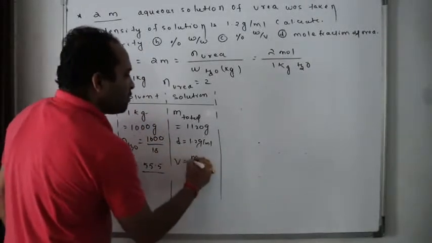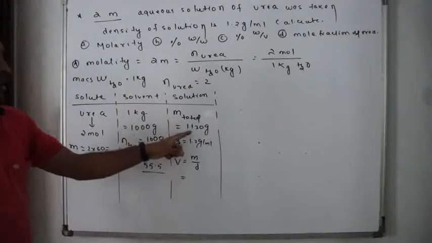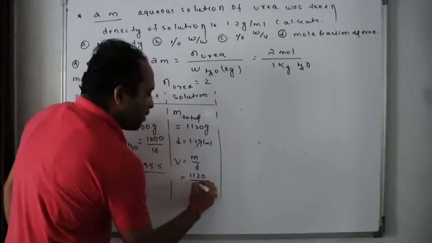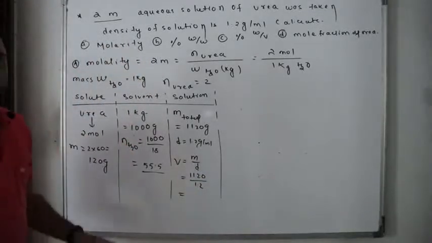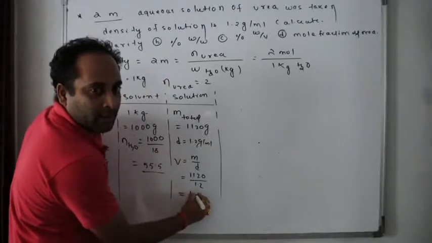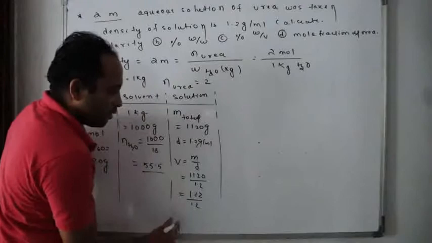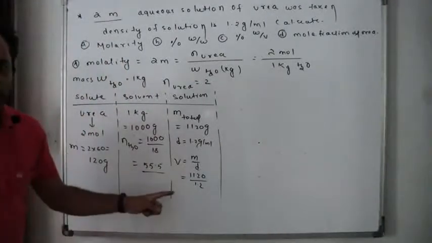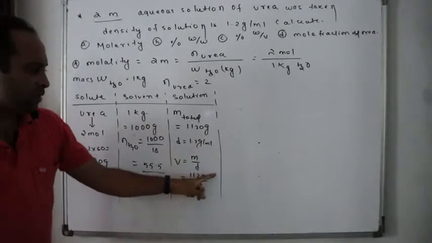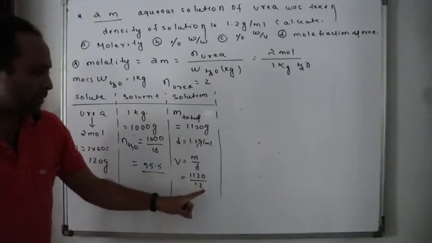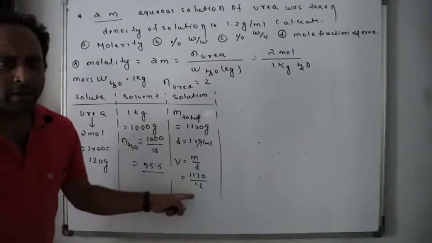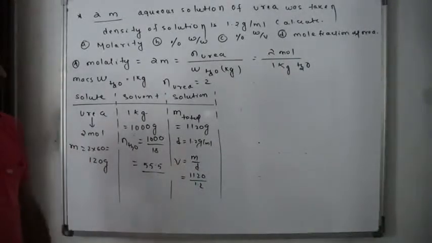Volume is equal to mass by density. Mass is 1120, density is 1.2. Say yes or no? 1120 by 1.2. So 1.2 cancels, and if you calculate, you get 112 by 1.2. Not necessary to calculate too much.